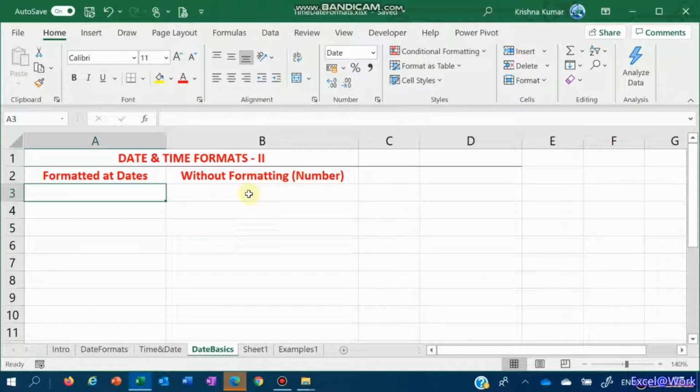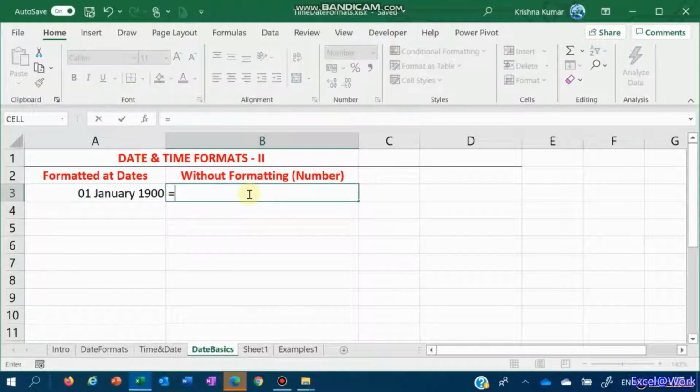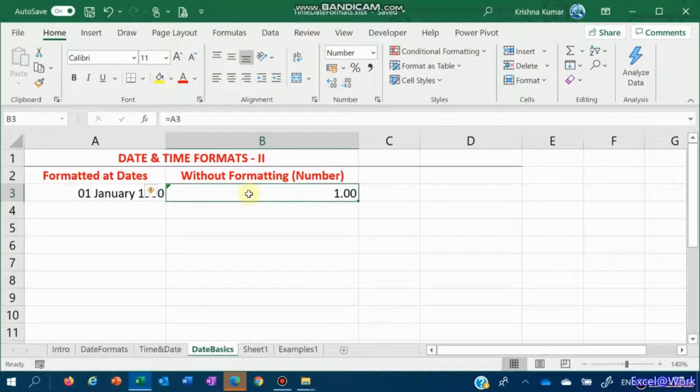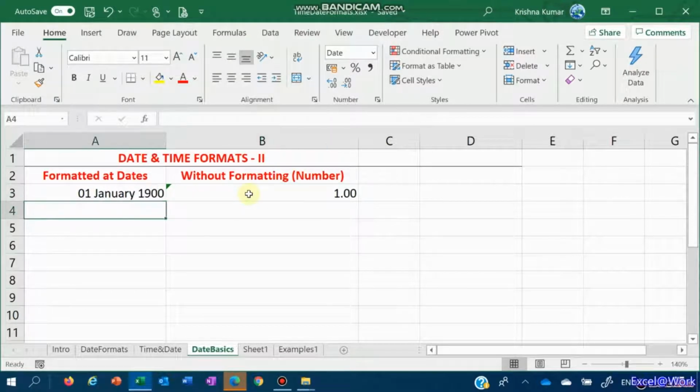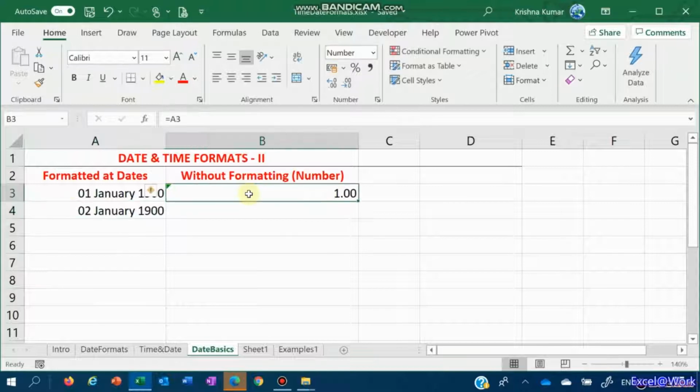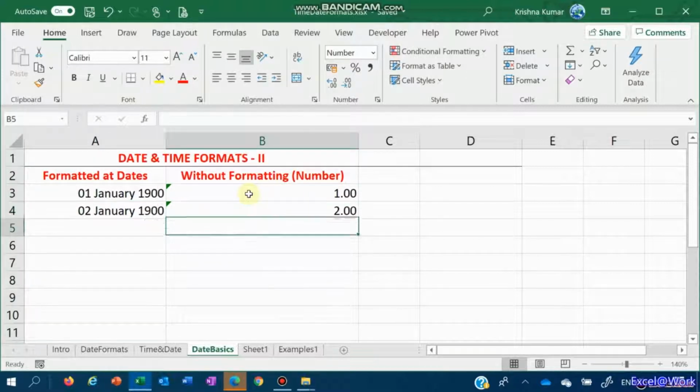If I say for Excel, the 1st of January 1900 is day 1, that is 1/1/1900. Just say B3 equals A3, it is day 1. Therefore 2nd January becomes day 2.